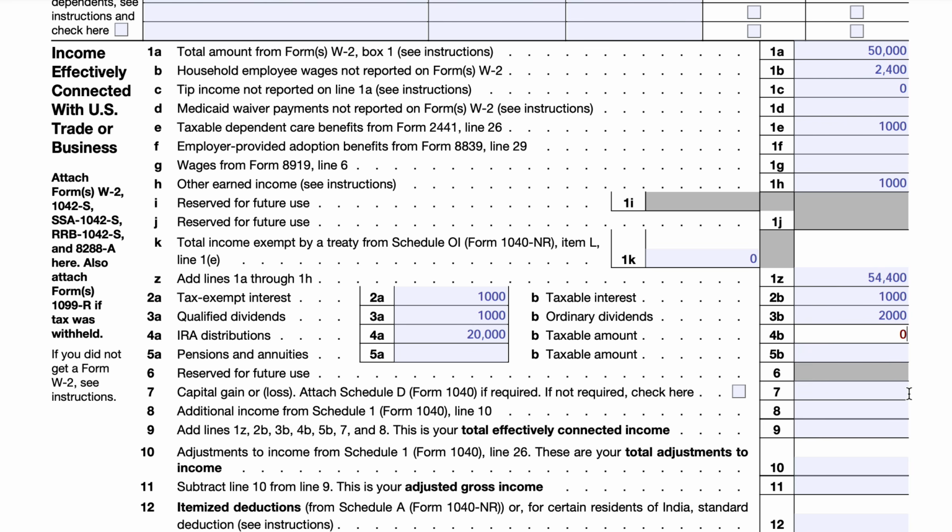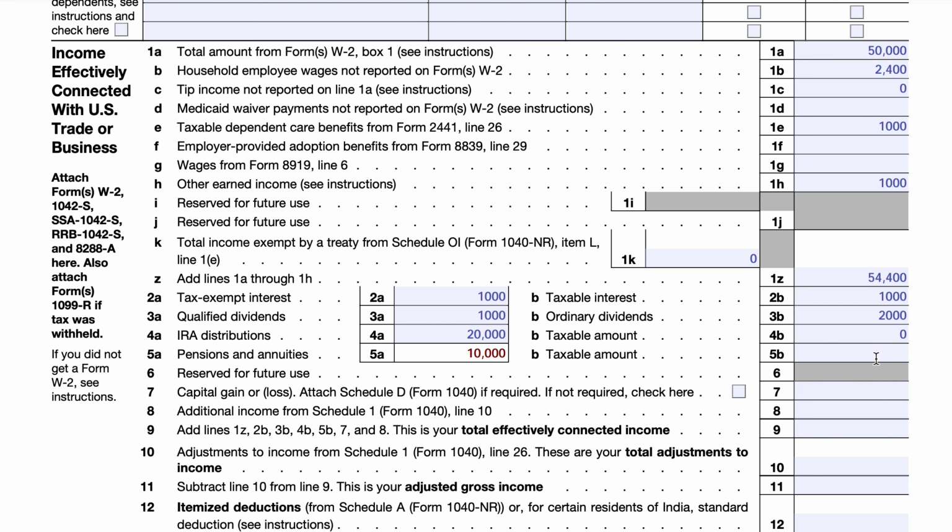IRAs generally are a U.S. construct. Pensions and annuities, you're only going to report U.S.-based pensions and annuities effectively connected with a U.S. trade or business. If they're not, then you would report them on Schedule NEC.